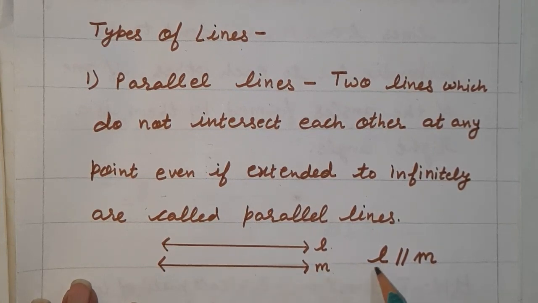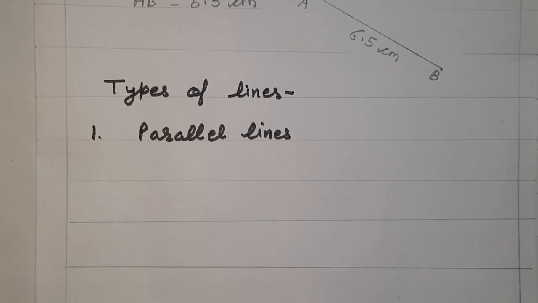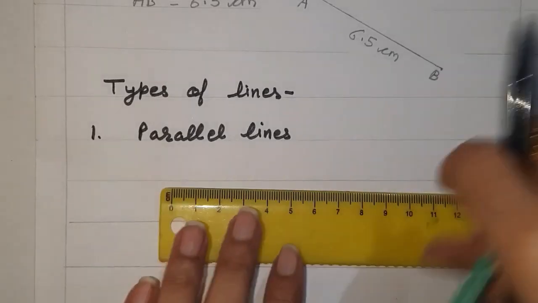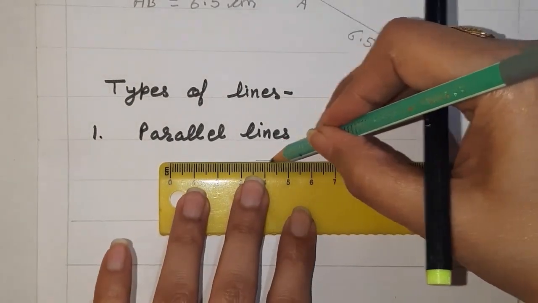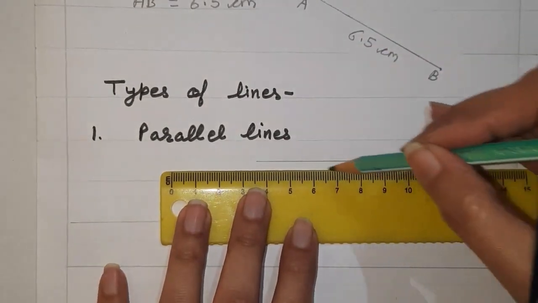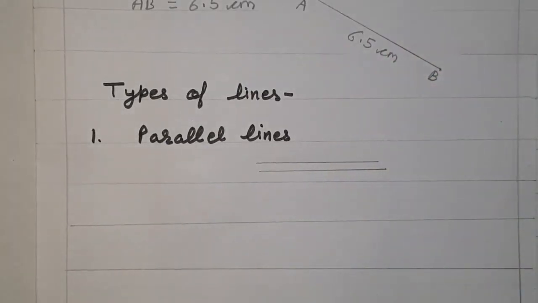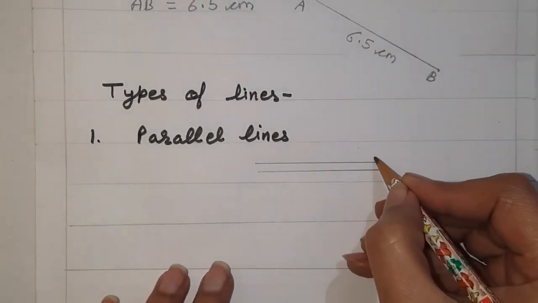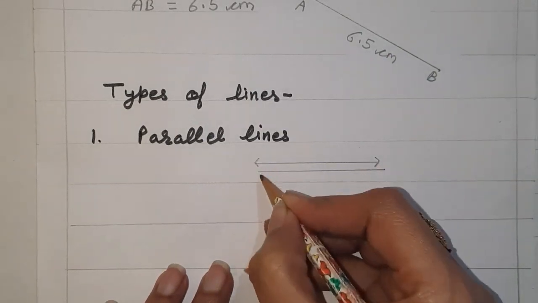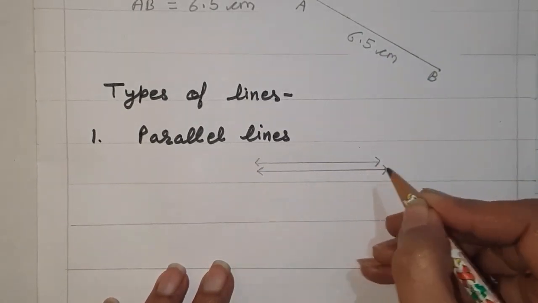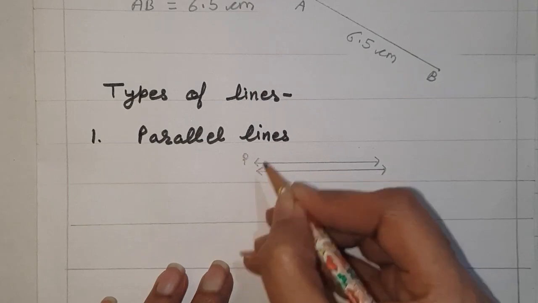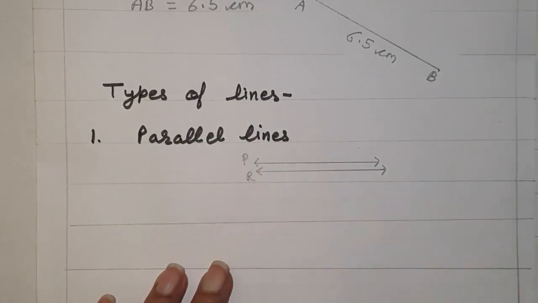See, so line L is parallel to line M. We can write any other name also, like these two lines. See, as these are lines, so arrow heads will be there. Name P, R, any alphabet you can take.